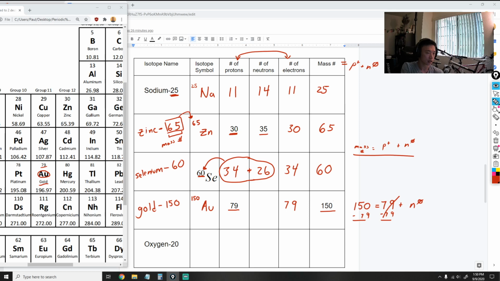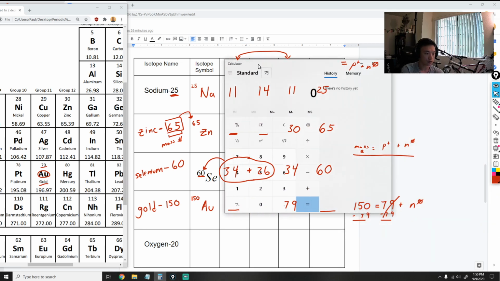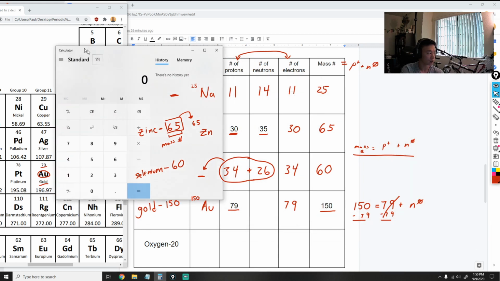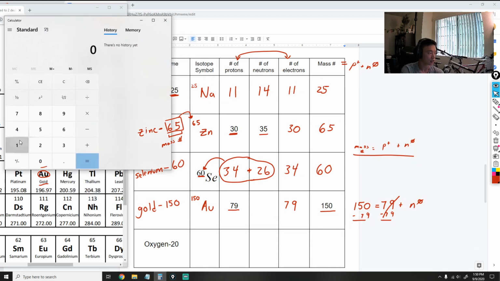These will cancel out, and then you guys can punch this into your calculator. If you guys can do it in your head, great job. But if not, that's totally fine because I'm going to use a calculator. 150 minus 79 is going to give you 71. So your answer here will be 71 neutrons.